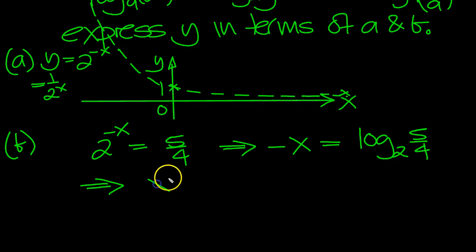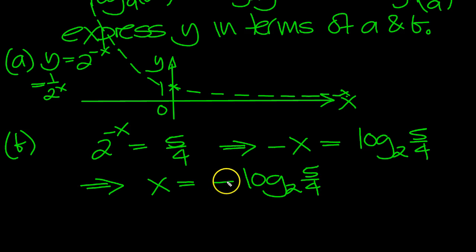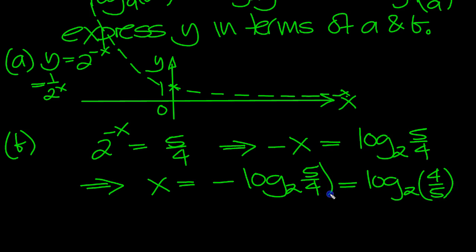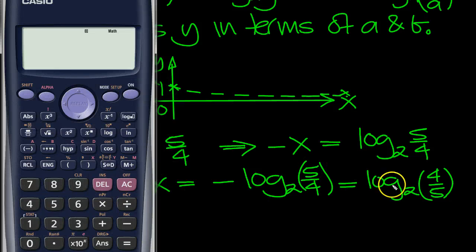And that tells us that x is equal to minus log 2 of 5 over 4. And that is like a minus 1, so we could move that up to a power, and that would be log 2 of this to the minus 1, which would be 4/5 in terms of the fraction. So you can tap either of these in the calculator and you'll get the same answer. Okay, so let's just do this one then.